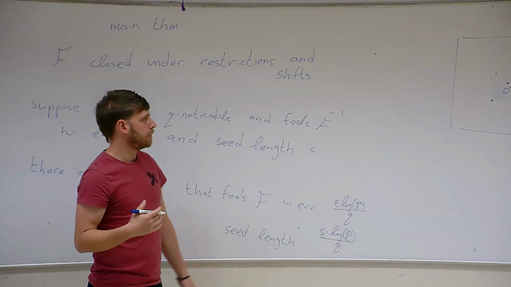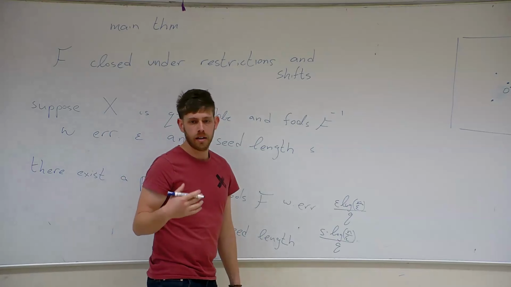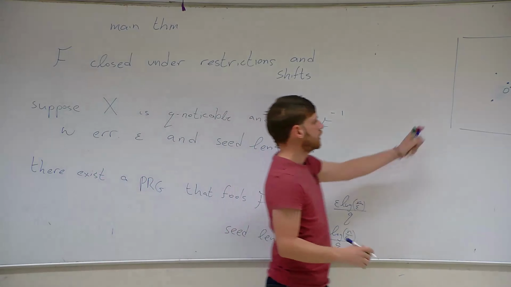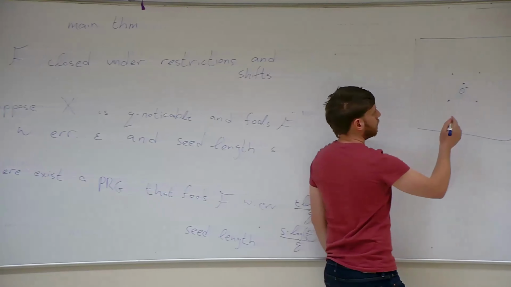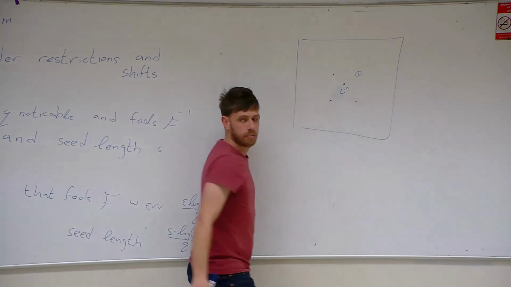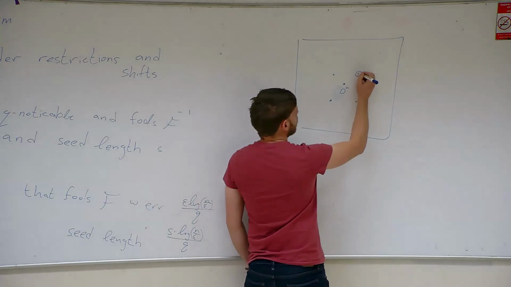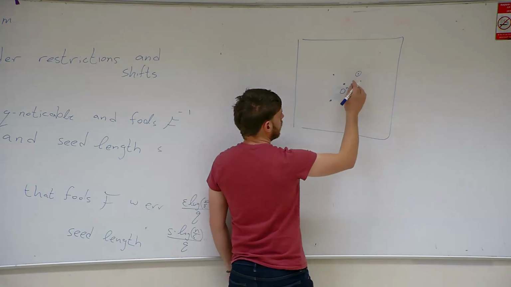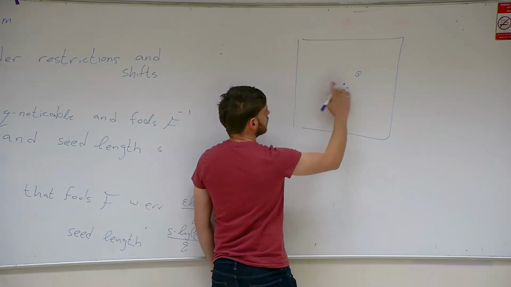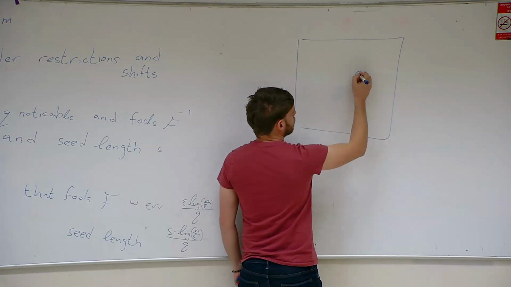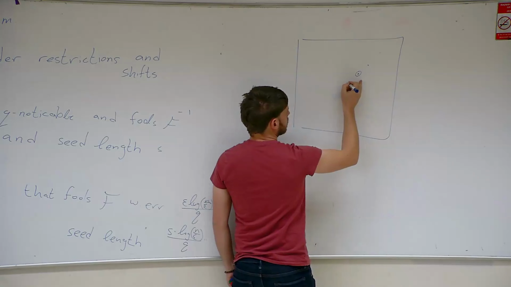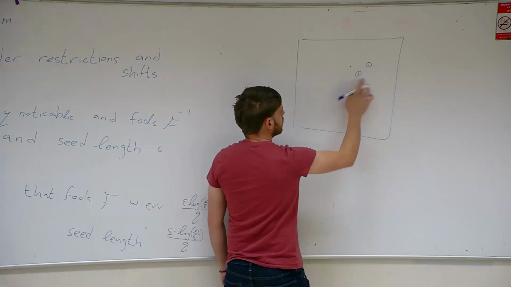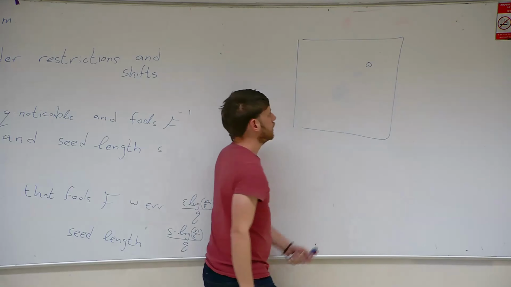Okay, so I'll describe not the whole set, but the way I sample a point from the PRG. I start with a copy of x and I sample one point from it. Then I take another copy of x starting from this point. I can forget about the earlier ones, and I have another copy of x at this point. Then say I choose this point, I'll have another copy.